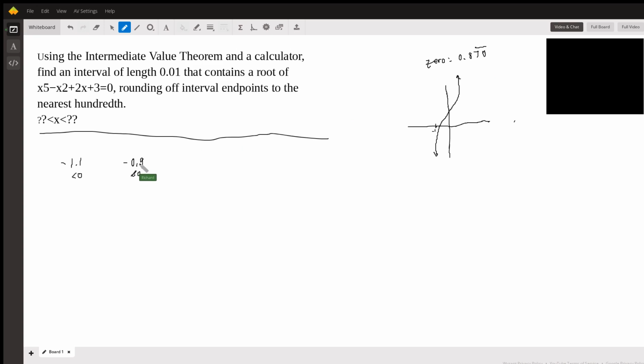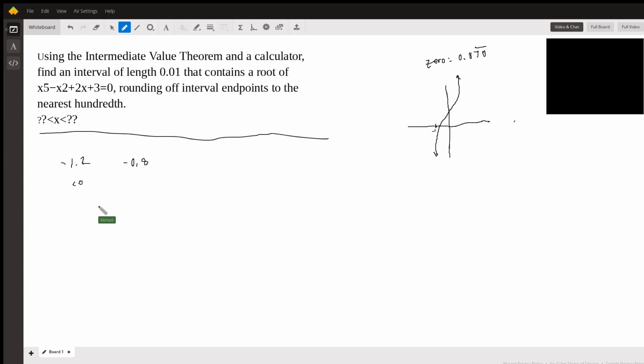I need to find endpoints on an interval around -1 that's going to sort of trap this thing. Obviously I have to use a bigger interval here. So -1.2, -0.8. When I look at my calculator at -1.2, I get a negative value for y.